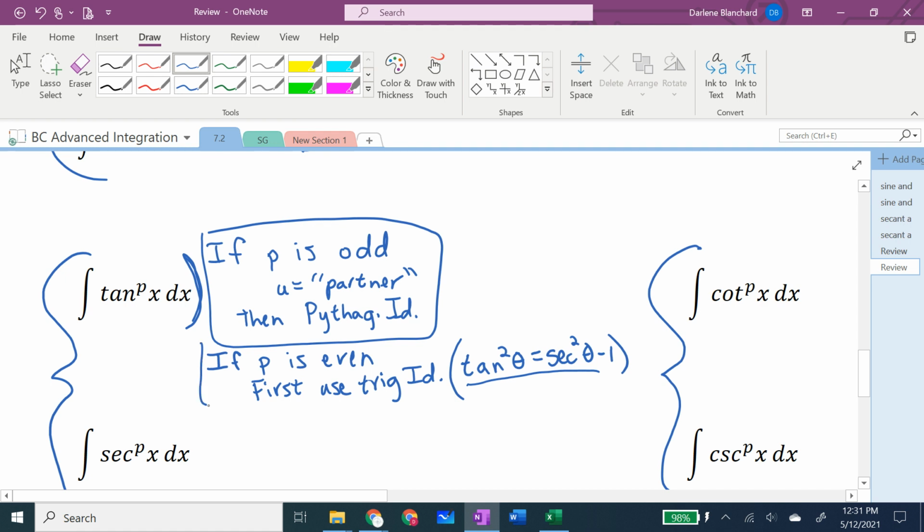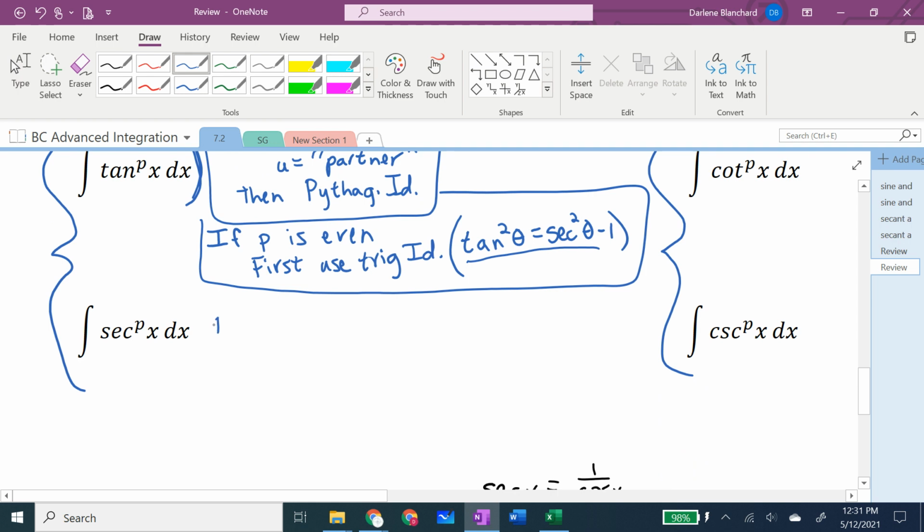Then we have secant. I'm going to start with if p is even, because secant is the one we're hoping to find even. If p is even, we're going to make u be equal to its partner. And what is secant's partner? Tangent.